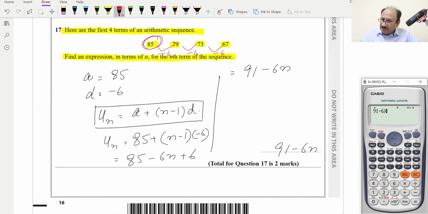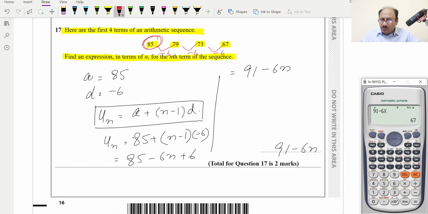So I'm pressing this calculate button. Calculate for x is equal to 1 and press equal to, we will get 85. So for 4 we should get 67. So calculate for x is equal to 4 and this is equal to 67. You can see that our formula is working.